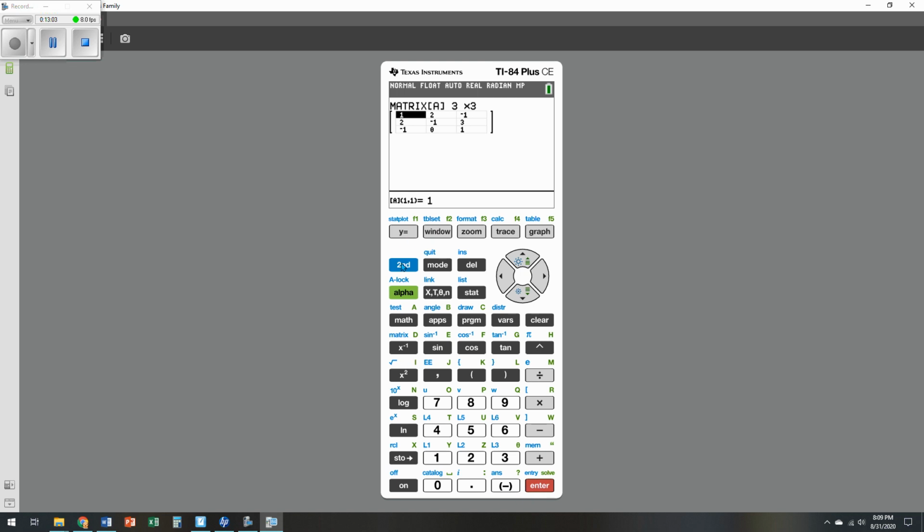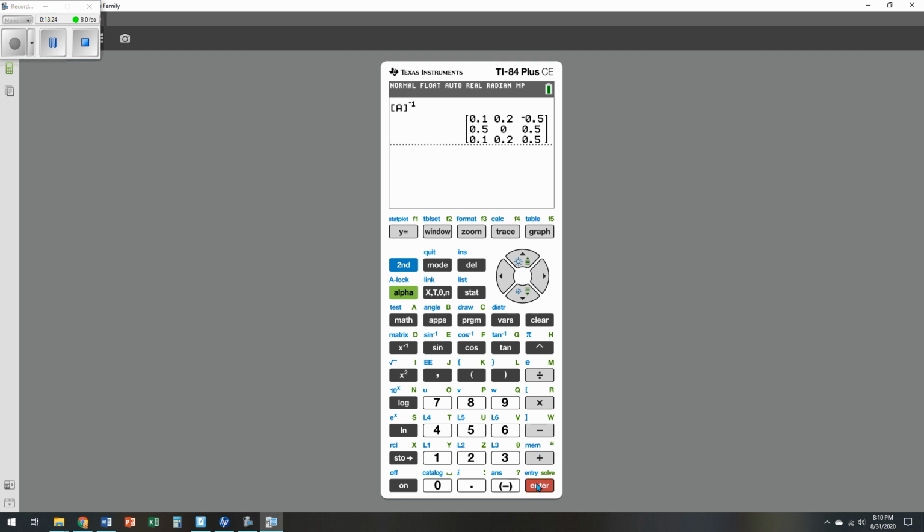All right, so I'm going to quit this. I'm going to select the matrix. So that's matrix A. And I'm going to use the actual button that I was using for matrix to show that it's to the negative 1 and hit enter. And that right there is my inverse of that matrix.